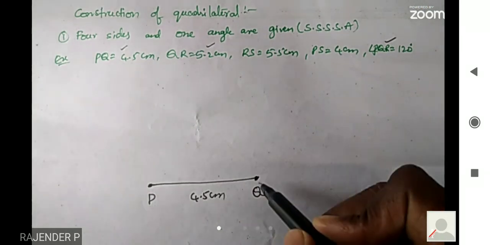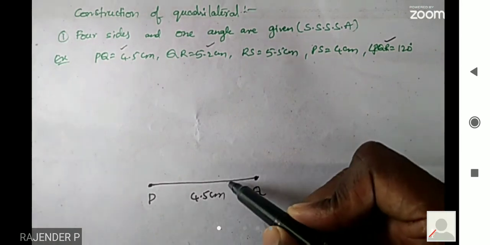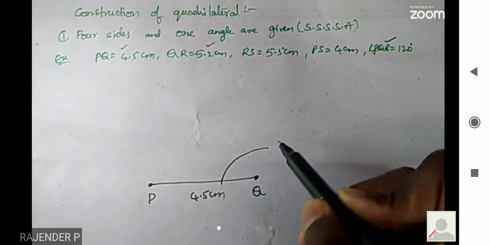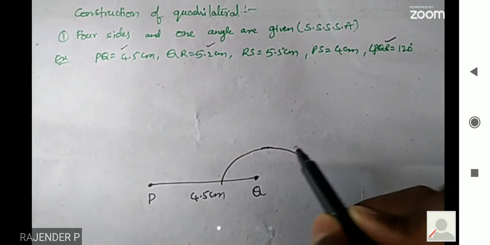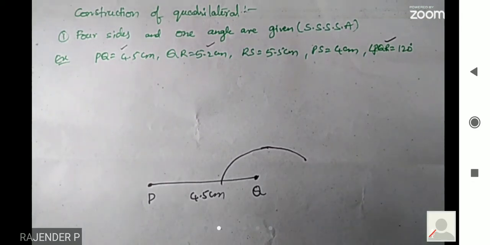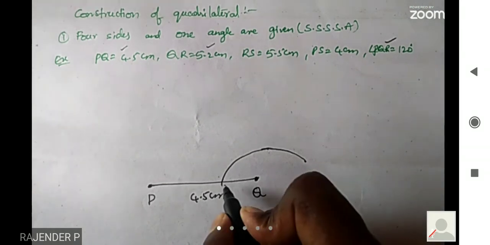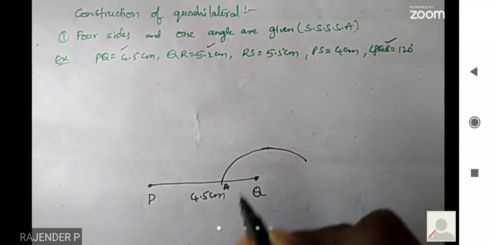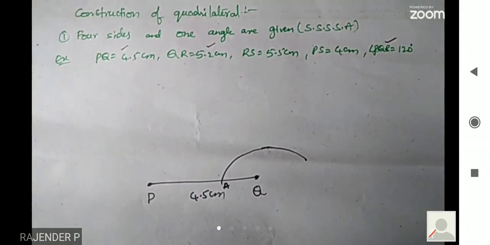It means Q as center with some convenient radius, we have to draw one arc like this. Here you take this one as A, because the name of the quadrilateral is PQRS; that's why we are taking these points as A, B, C, D here.